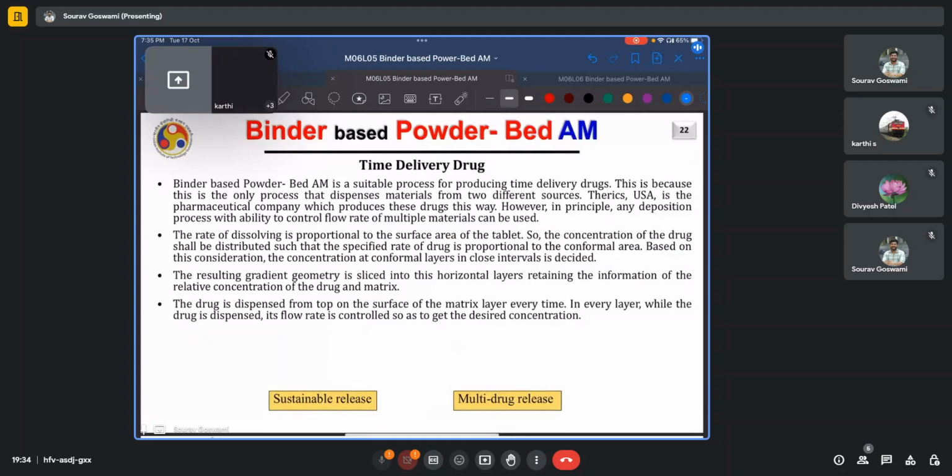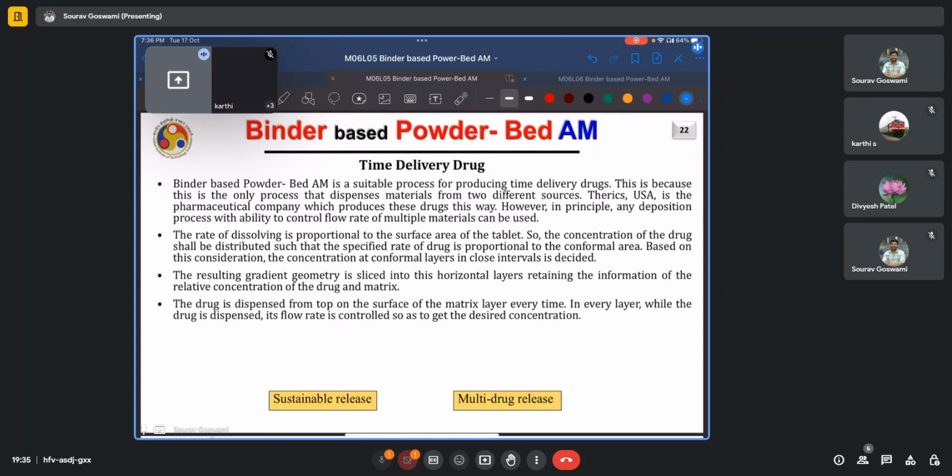And now we will look at one of the very interesting examples of binder-based powder bed AM, which I came across, which is the time delivery of drugs. And this is also a very strategic application because pharmaceuticals is one of the key industries which will always be required and which needs rapid development to ensure human wellness and prolong human health.